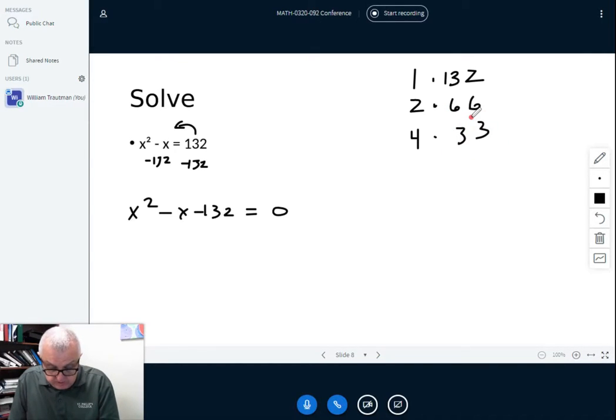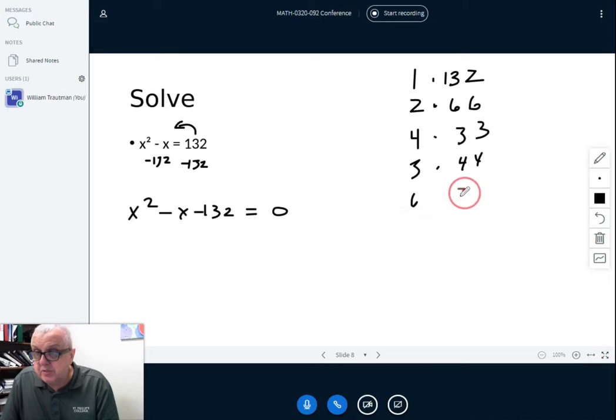What about 132 divided by 3? I get 3 times 44. 132 divided by 6, 6 times 22. 132 divided by 12, I see that, 11 times 12.